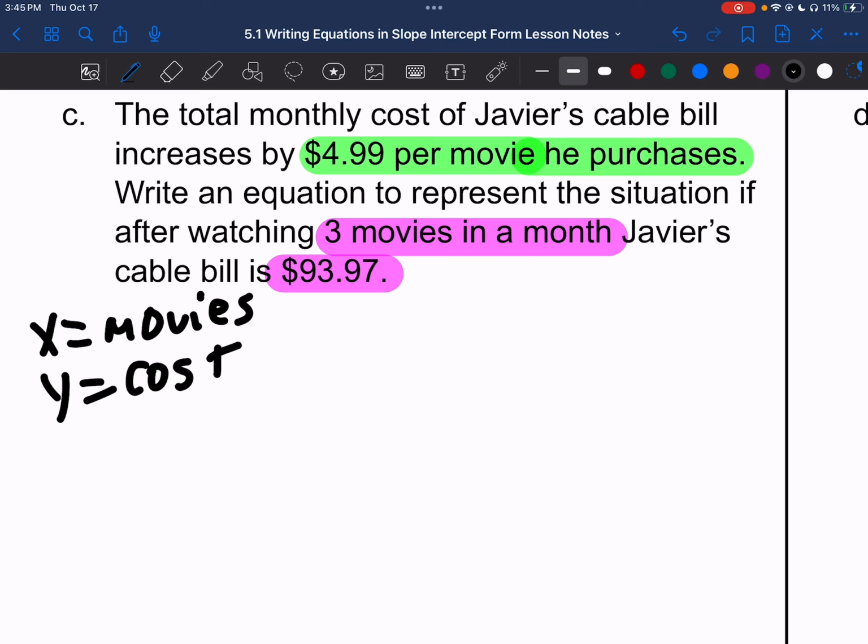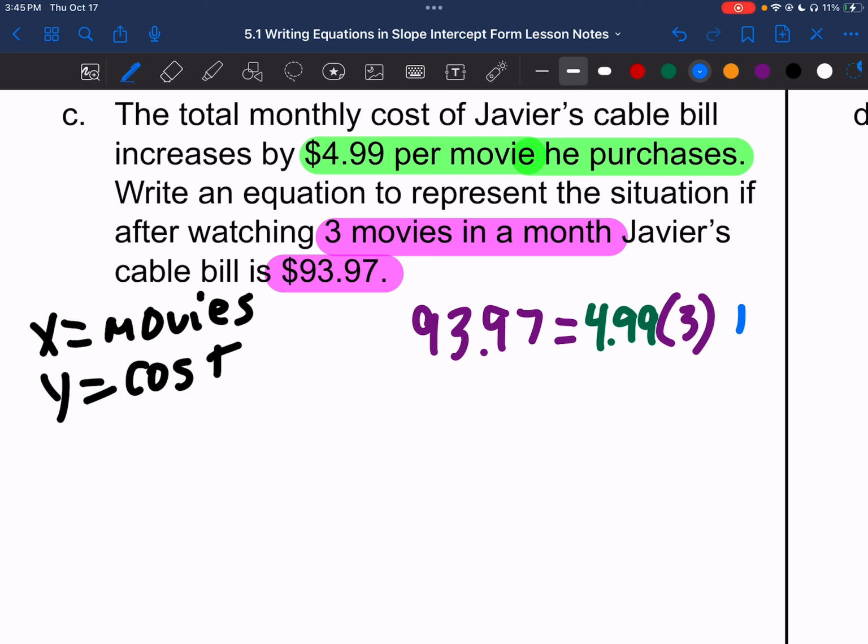So my cost, $93.97, is equal to the cost per movie, $4.99, times the number of movies that he got, 3, plus B, our unknown amount.